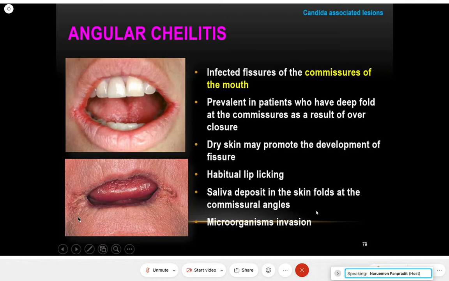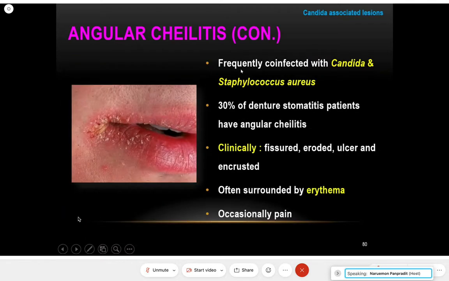This infection comes from Candida together with Staphylococcus aureus from the skin, because it's a skin area at the corner of the mouth. And 30% of denture patients also have angular cheilitis. Maybe you have to look together in the mouth and at the corner of the mouth.